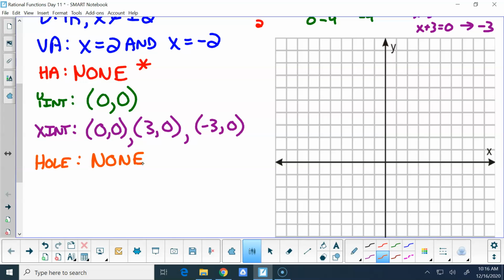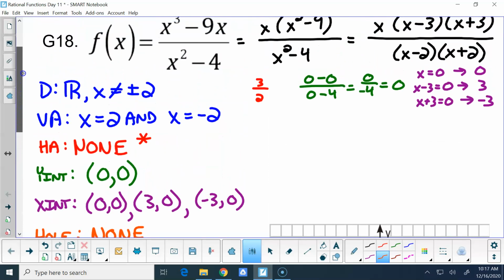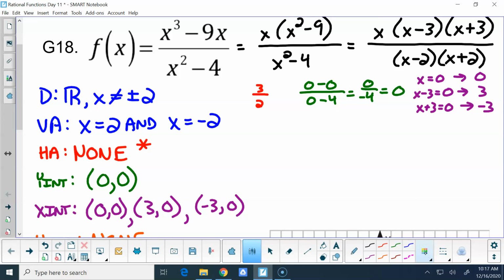Do we have a slant asymptote? Yes, that we do. Okay, so I'm going to move this graph down a little bit, and we'll scroll back up and then do a little long division. x squared minus 4. I can't synthetically divide this one because it's not a linear divisor.